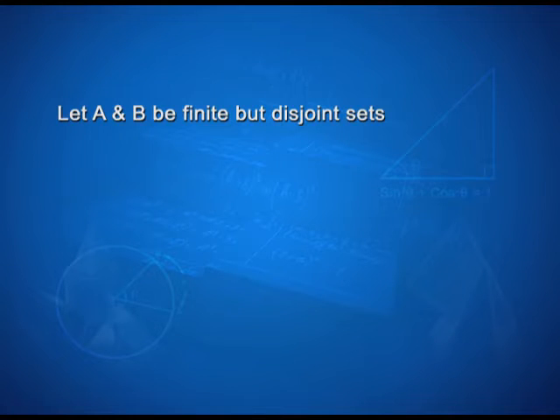Let A and B be finite but disjoint sets. That is, A intersection B is a null set.